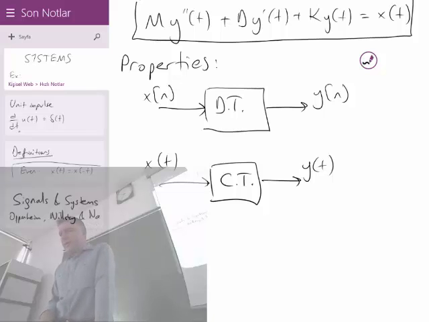Of course, nowadays, since many engineers are working with computers to apply a system, we don't really use mechanics or circuits nowadays.